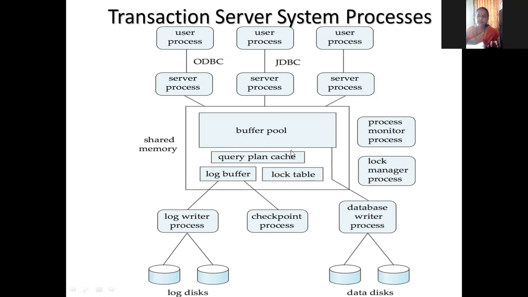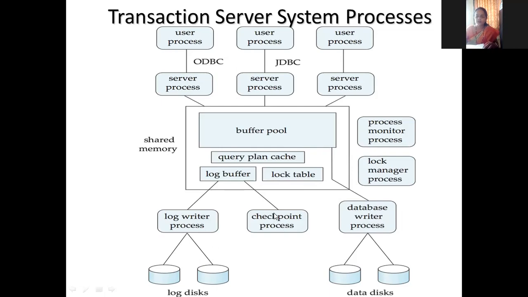So the database writer process is responsible for writing the modified output into the shared memory or the disk.